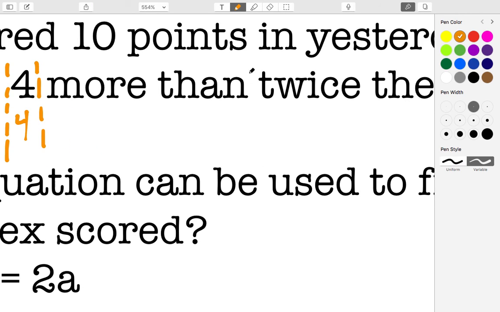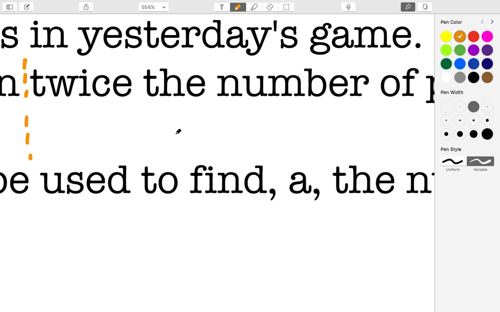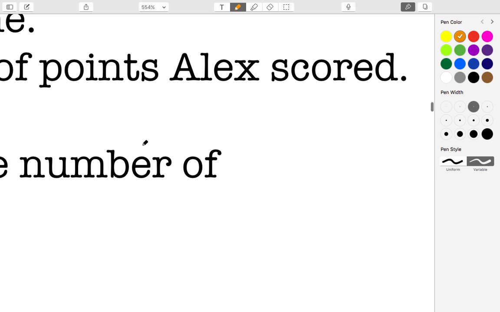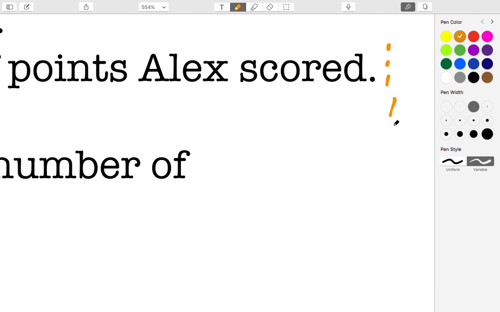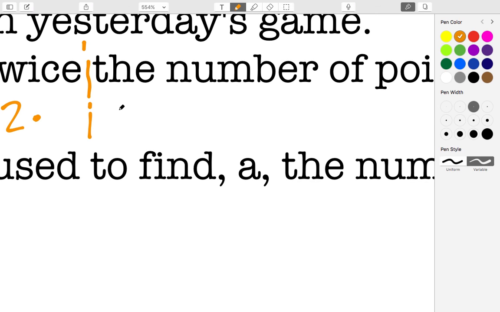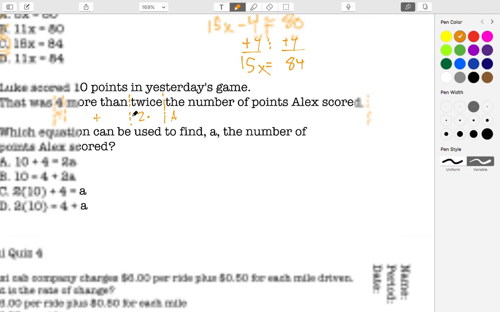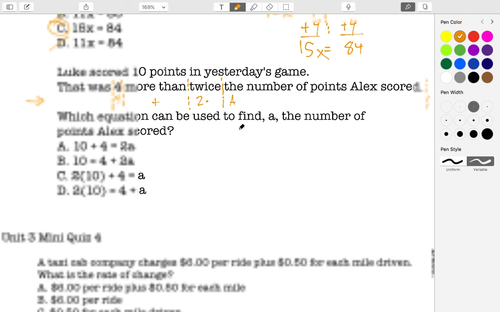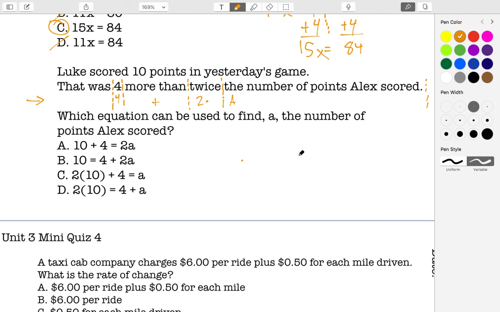What is more than? Addition. What would be twice? Multiplication, 2 times. Now what's the number of points Alex scored? Okay, so we would put A. Now do you see anything with 4 plus 2 times A? Yeah.